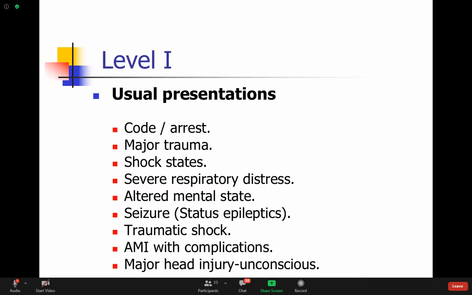So appendicitis might present as level 3 because of abdominal pain, and may go into level 1 with septic shock, with complications of perforated appendix and worsening appendicitis. So again, this is a dynamic process. Someone with the same diagnosis may come at level 3 or at level 1. It depends on the vital signs, it depends on the chief complaint, it depends on the factors that we have mentioned earlier.